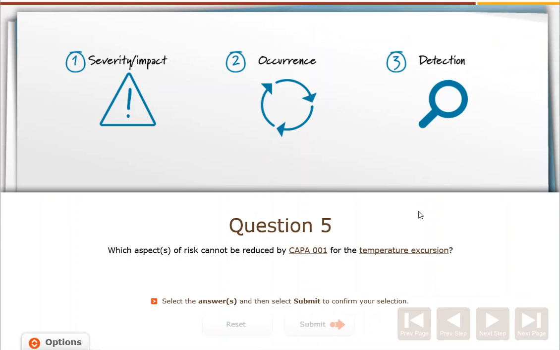Which aspect of risk cannot be reduced by CAPA 1 for the temperature excursion?